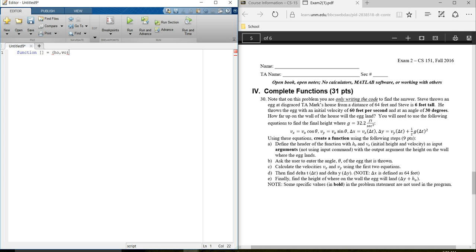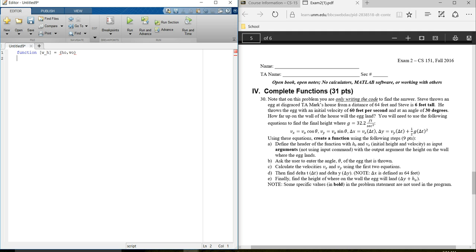Not using the input command. With the output argument, the height on the wall where the egg lands. What are we going to call that? Wall height. That's too much typing. Wall height.